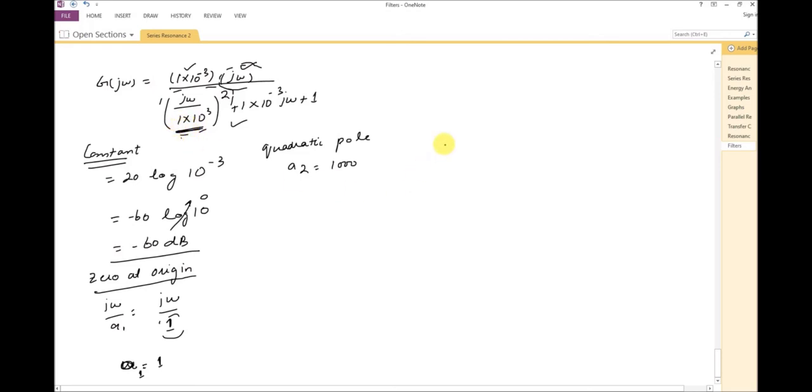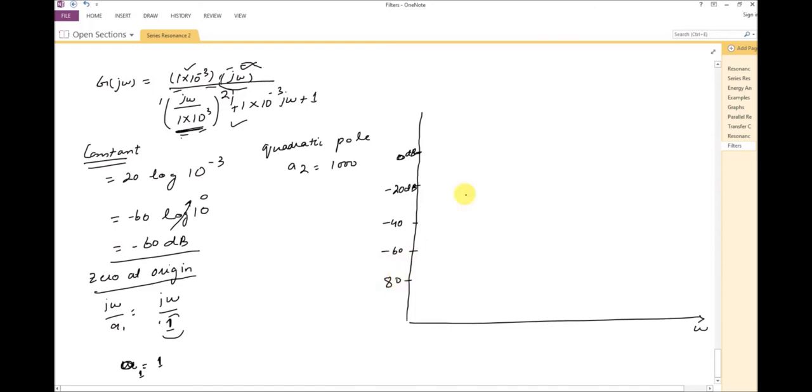So now if I have to draw the magnitude characteristic, I will take this as a frequency axis. This is your gain axis. I will take this as 0 dB, and I will start with minus 20 dB, minus 40, minus 60, minus 80, and then I will draw the line for the 0 dB value.